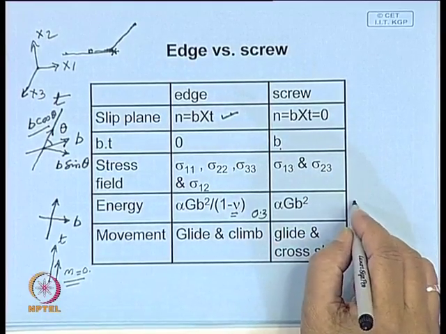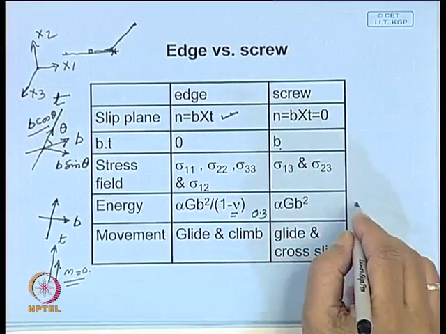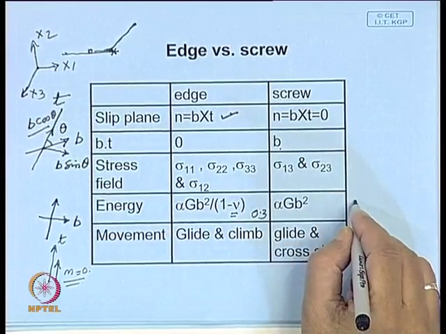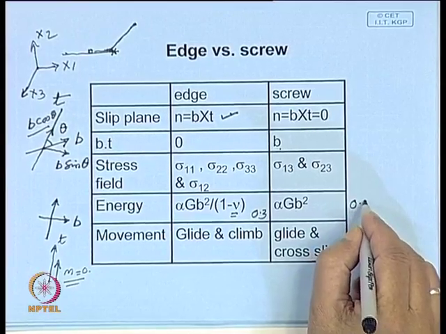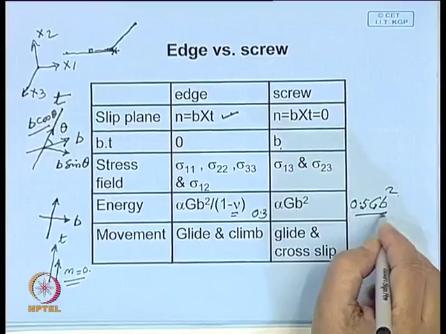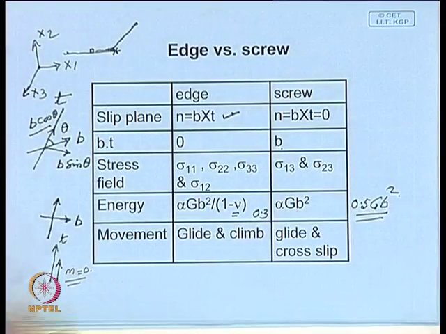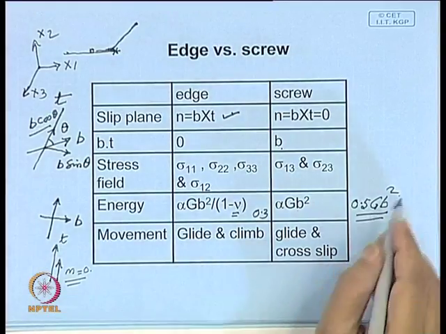but for rough calculations to understand dislocation interactions, we always assume that the energy of a dislocation is around 0.5 G b squared, G being the shear modulus. For many cases in metals G is constant. So, b squared directly gives a measure of the elastic stored energy of the dislocation.